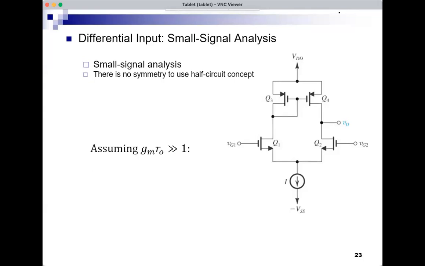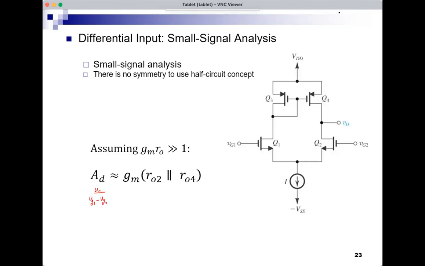Assuming GMRO is much greater than 1, which is typically the case in MOSFETs. Not necessarily much bigger than 1, but maybe 20 to 50, so there is some error, a few percent error. Under this assumption, if GMRO is much larger than 1, then the differential gain would be GM times RO2 parallel RO4, and there's no 1/2. So AD is VO divided by VID, VG1 minus VG2.